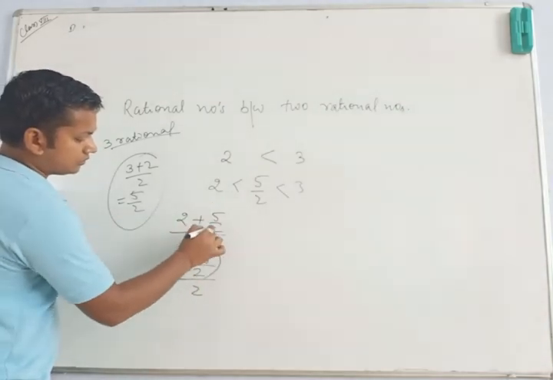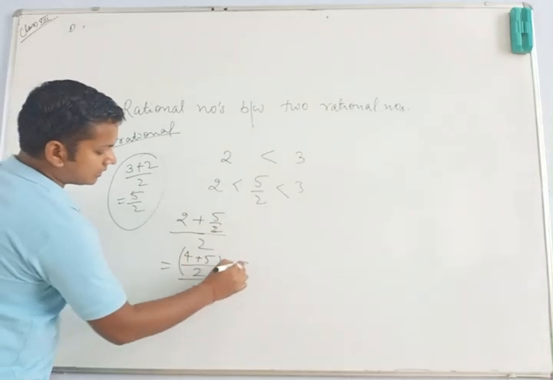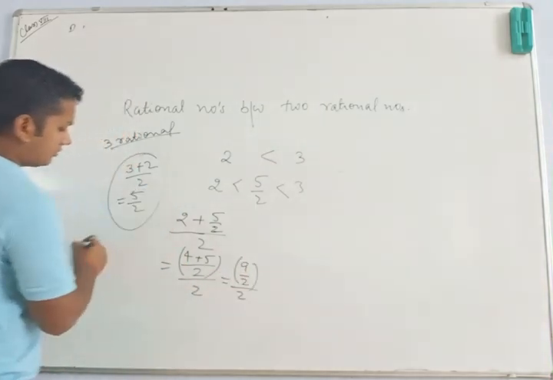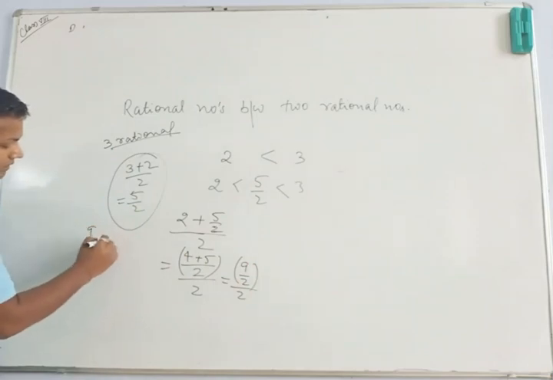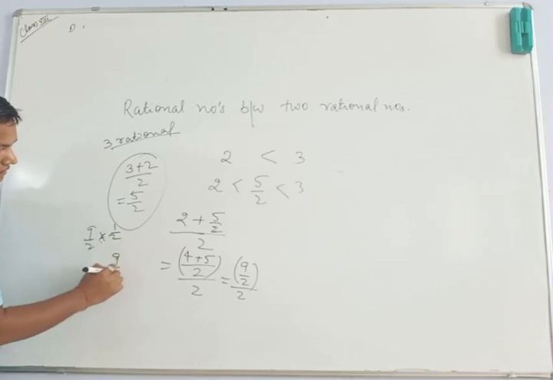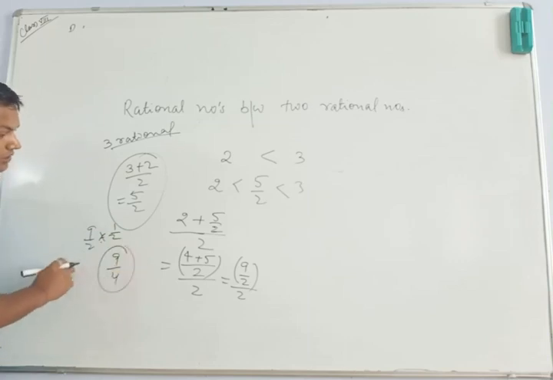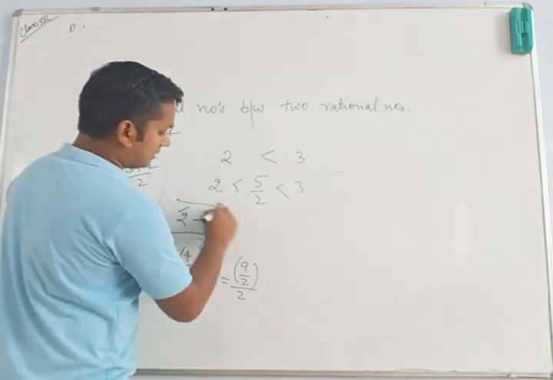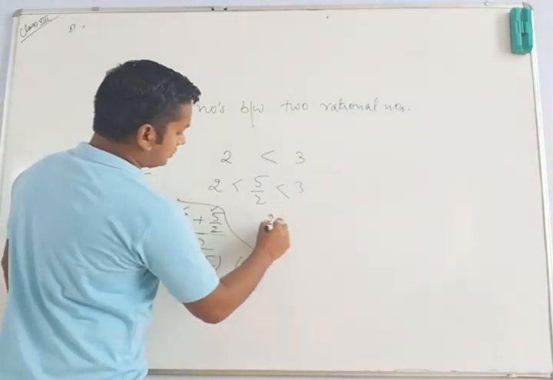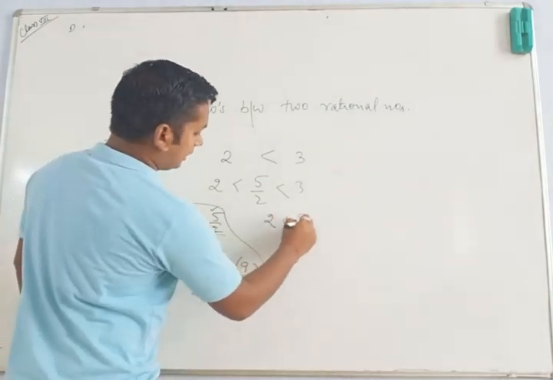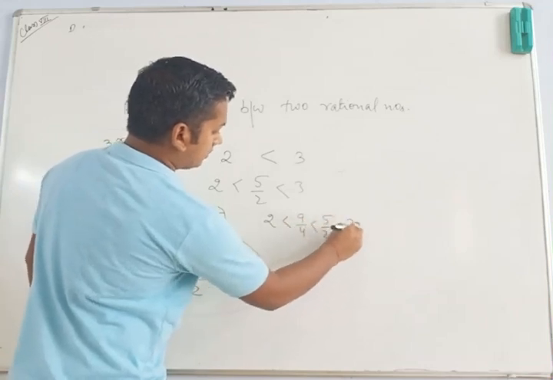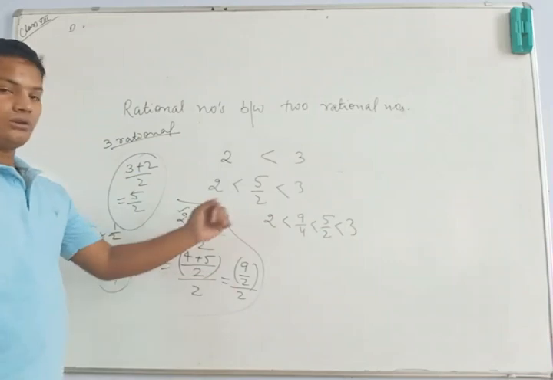It becomes 9 upon 2, divided by 2, that is multiplied by 1 upon 2, and it gives 9 upon 4. That means a rational number between these two numbers is 9 upon 4. So I can write it as 2, 9 upon 4, 5 by 2, and 3. So this is it.